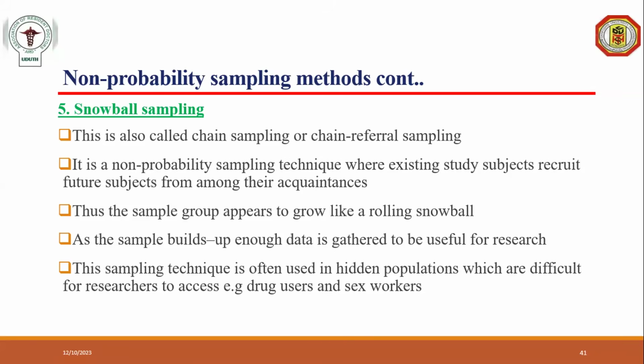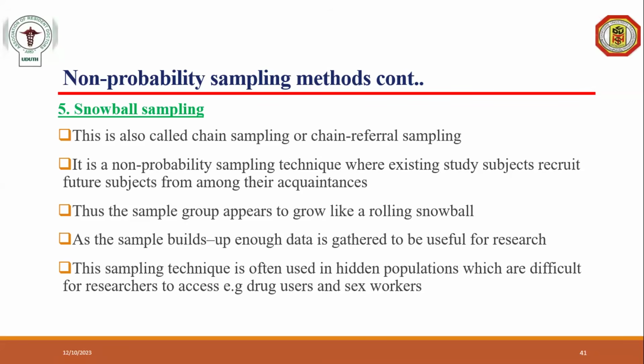For example, you are studying a confidential research topic or an area that is confidential, like among commercial sex workers, and you don't know how to get them. So you just find someone that knows them, or you just find one of them by chance.